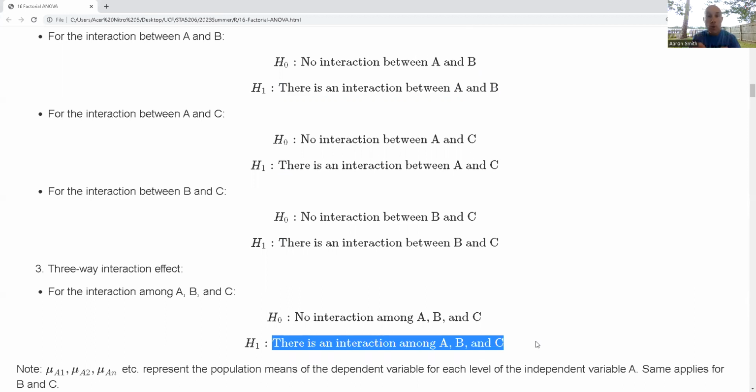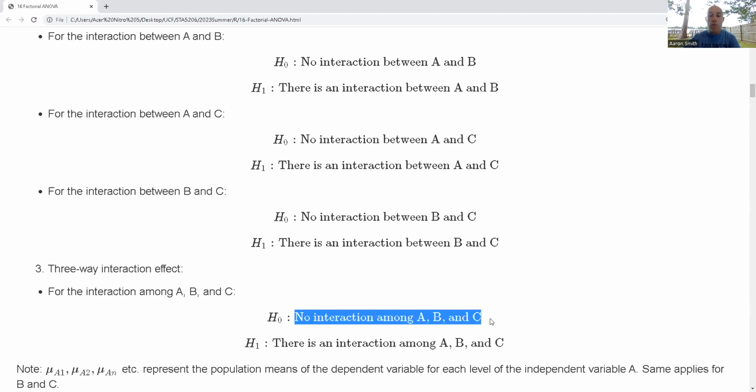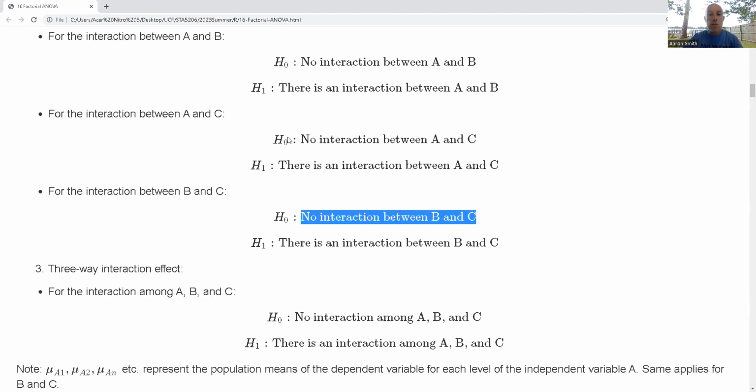Now, something that we're going to do, in most cases, is start with the highest order interaction and reach a conclusion regarding it. If I conclude that the null is correct and there's no highest order interaction, then I will check the next ones. The idea here is that if I have a higher order interaction, all of the simpler interactions are contained within it.